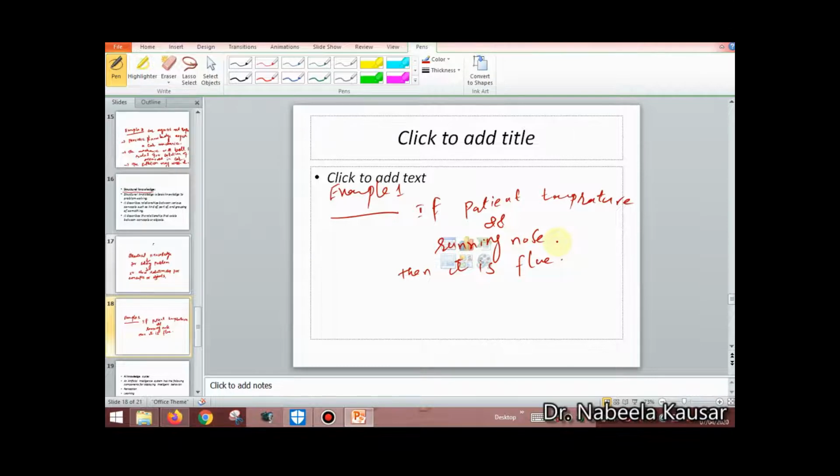The solution provided will be for the flu.